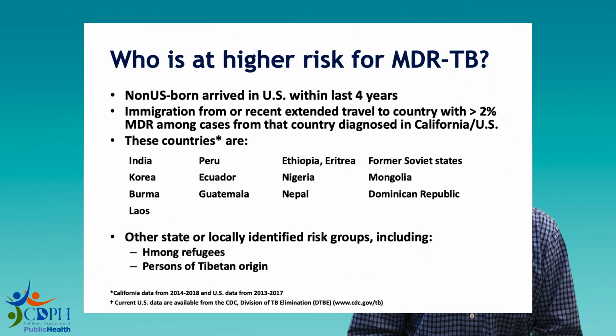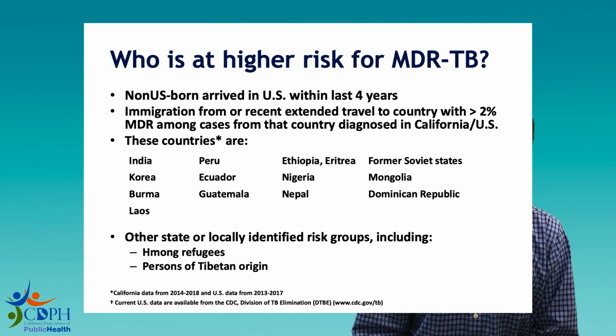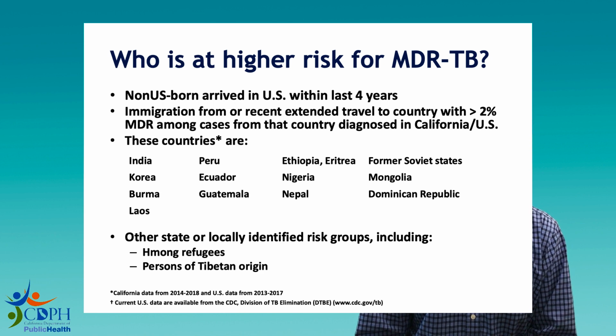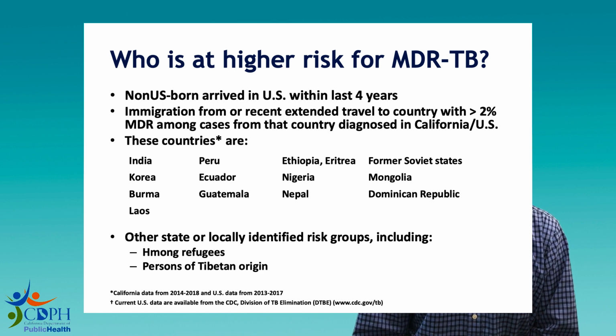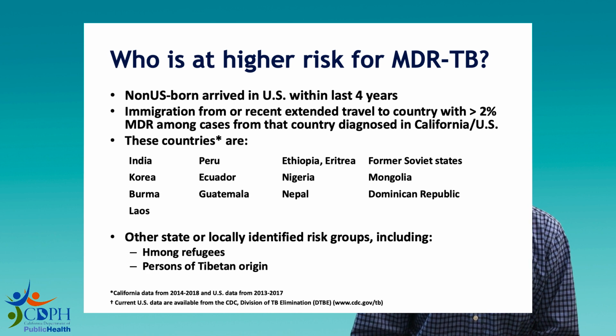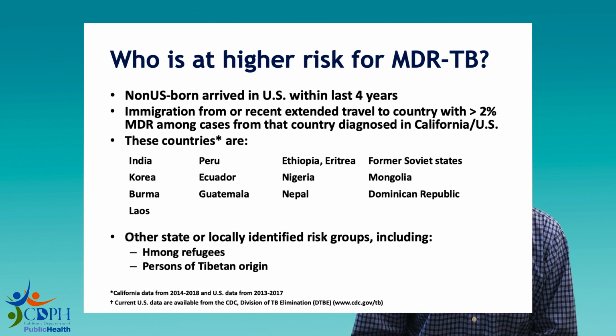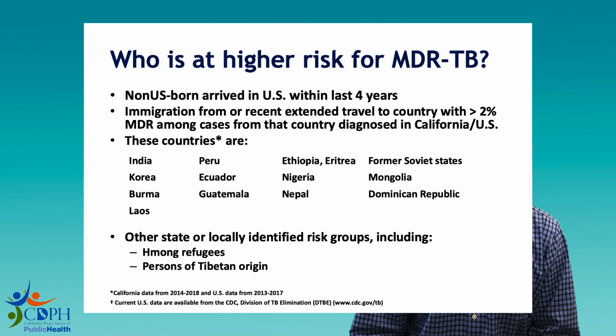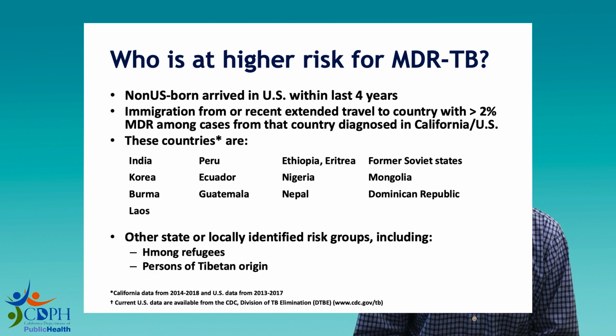So if we put all these data together, who is at risk for MDR TB? One, those born outside the United States who've arrived in the United States within the last 4 years. Also are those who have immigrated from or have had recent extended travel to a country with more than 2% MDR among cases from that country, based on data in California or the U.S. as a whole.